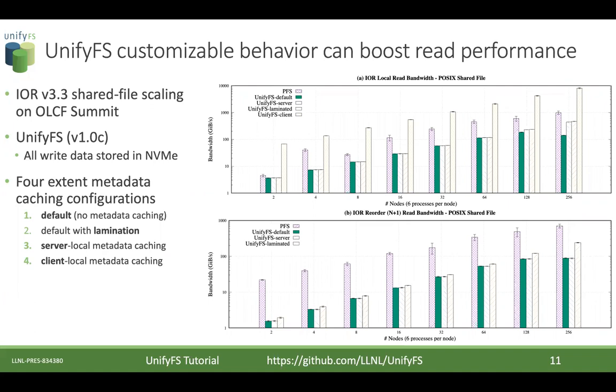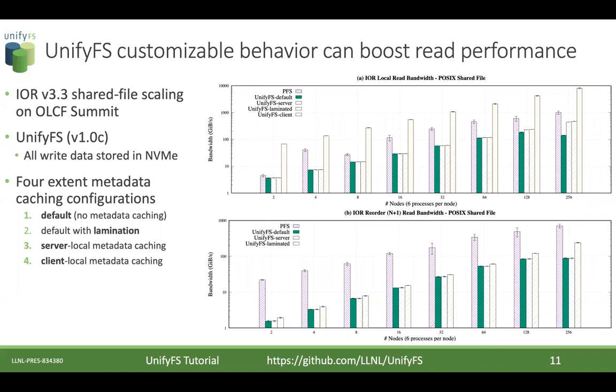And the first thing we do is default mode, which is basically we don't do any metadata caching. We have a server who's responsible for keeping the metadata, the global metadata view for everyone. And when you do a read, that read request is forwarded to that server to figure out where the data lives, and then we read the data from the server where the node was written.